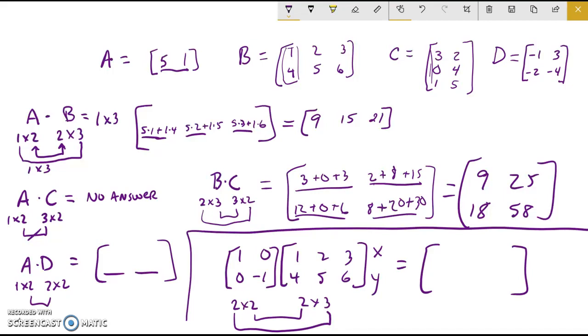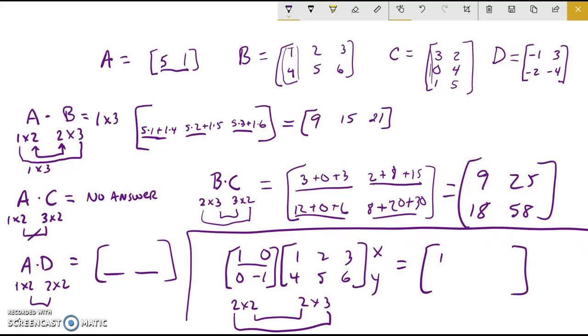It's going to be 2 rows of 3 columns. Now really take a look at what we end up with here though. When I multiply this row times this column, I'm going to go 1 times 1 and then 0 times 4. The 0 here is very purposeful. It makes it so that the 4 doesn't really factor into the answer. So I'm just going to go 1 times 1 is 1, and that's my answer.